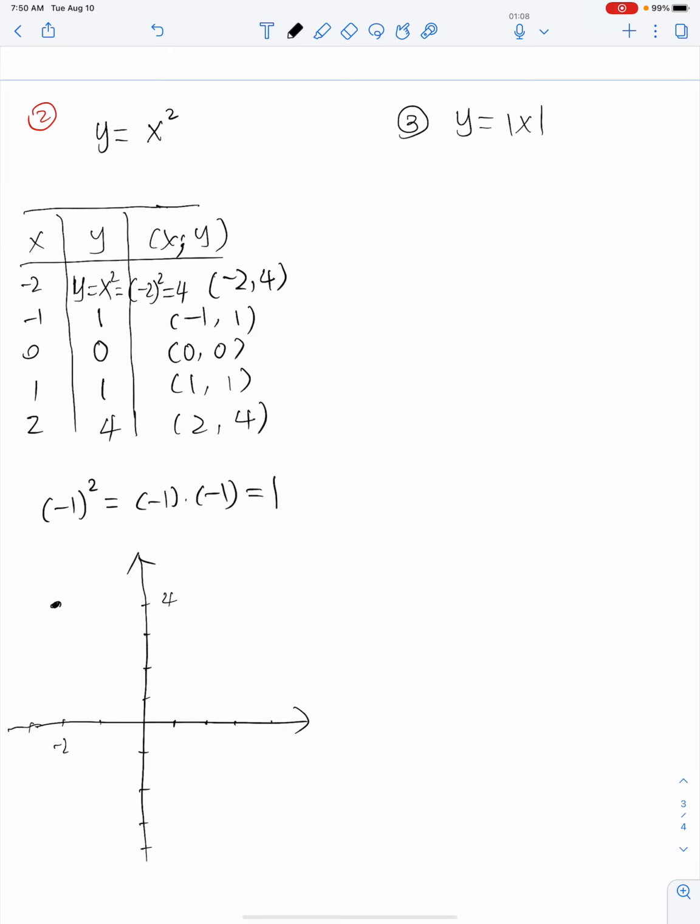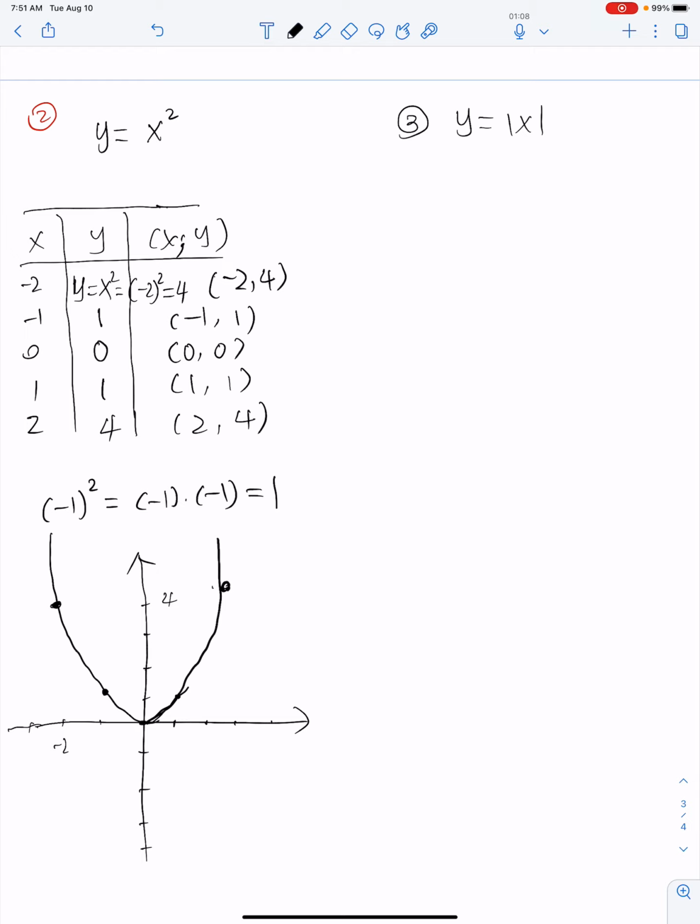Then -1, 1, 0, 0, 1, 1, and 2, 4. If these points are not on a line, what will you do? You make a smooth curve, like this. You do not always need to make a line. Okay, so this is this one.